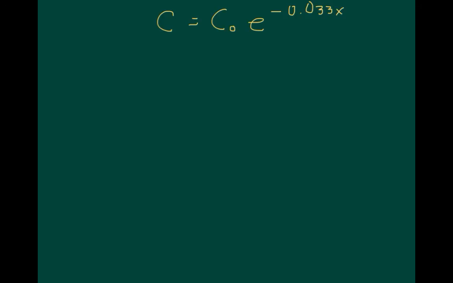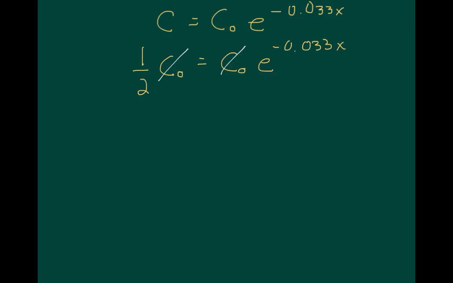Well, to figure that out, we would take 1/2 of C naught, or 1/2 of what we started with, equals C naught times e to the negative 0.033x, which is what represents 3.3% decay. Now, the C naughts are going to cancel out.